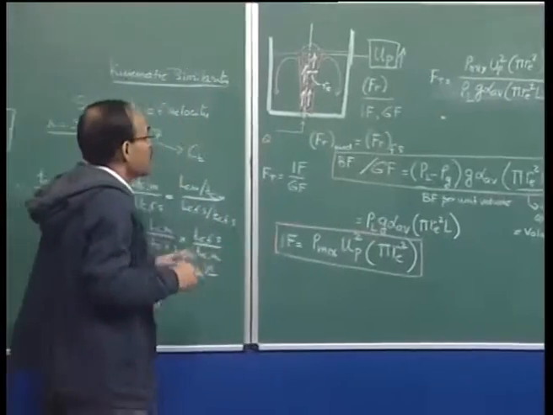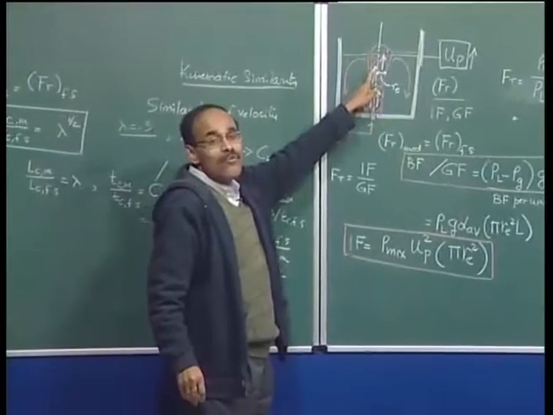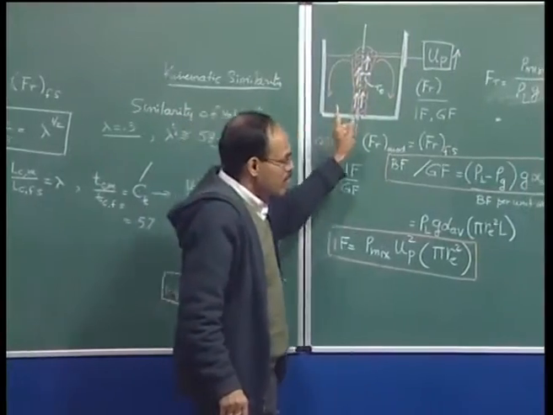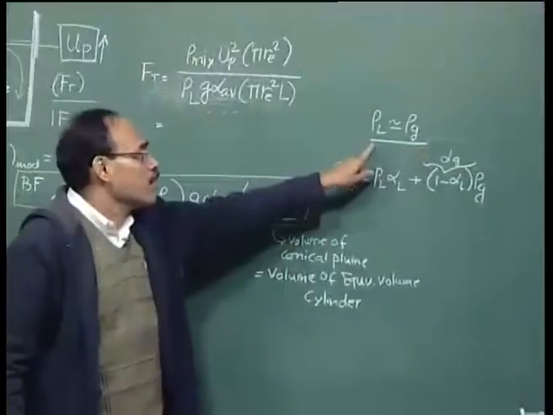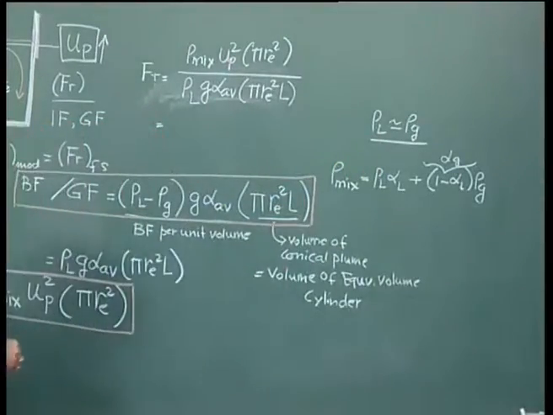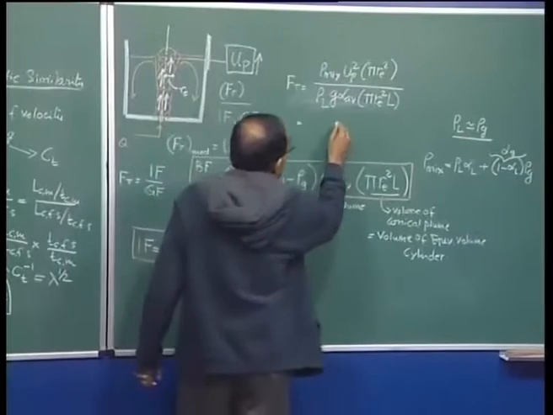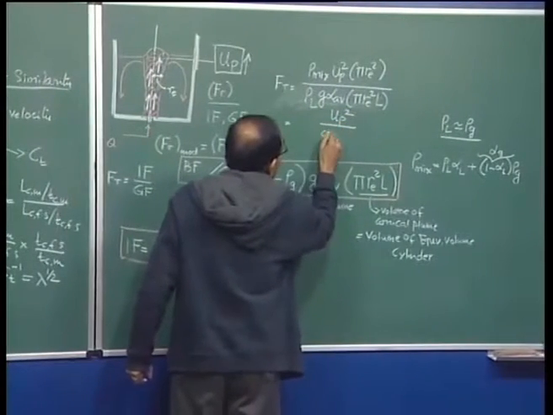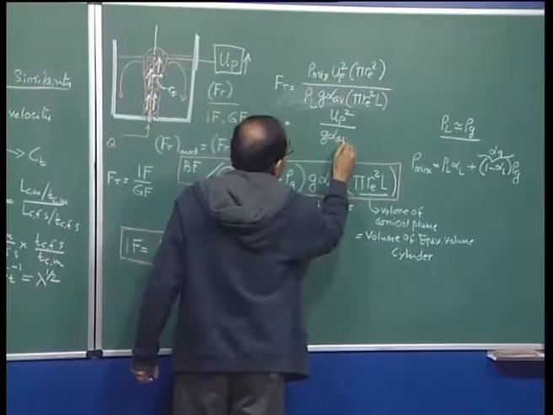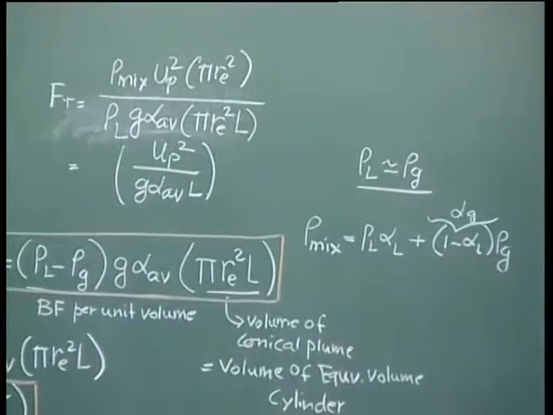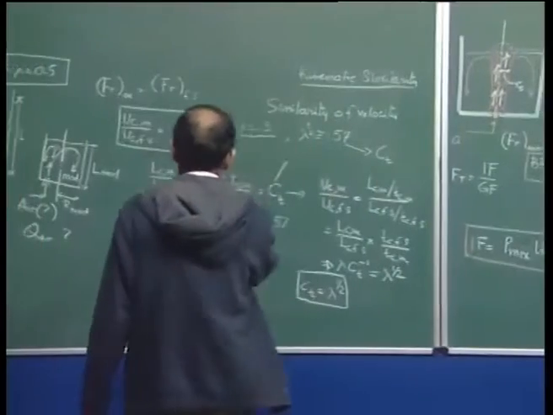And as I have shown in the context of ladle metallurgy, 2 to 5% of gas is there in the plume region, which tells us that this kind of simplification is indeed possible. So, if that is so, then this equation will boil down to g into alpha average into L. So, now this is the definition of the Froude number.